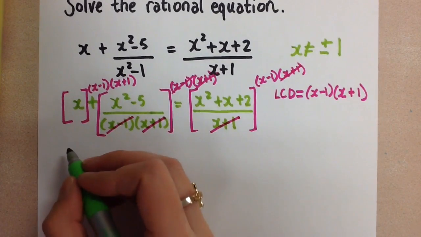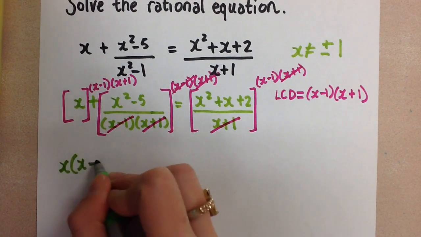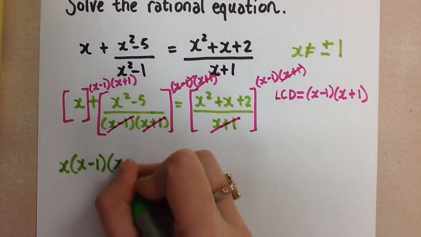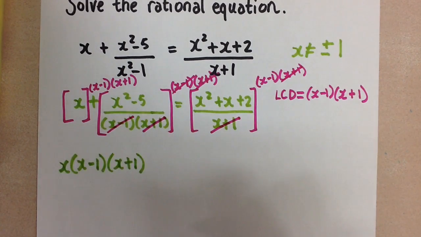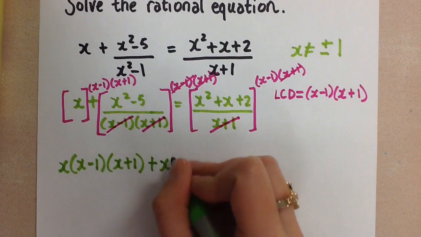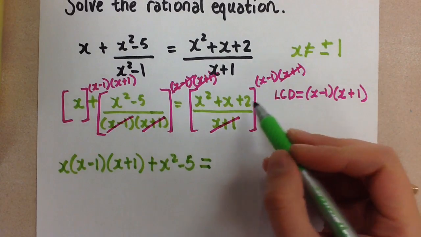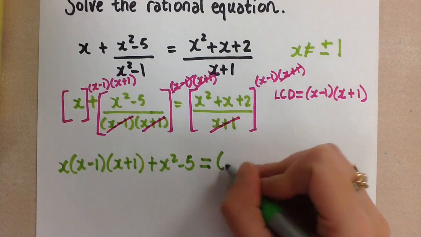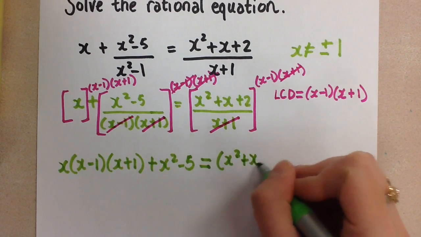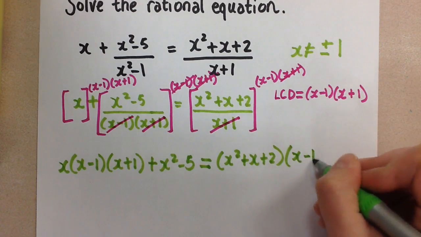So this will be x times (x minus 1)(x plus 1). And then in the second term we were left with only that numerator, so that's x squared minus 5, equals, on the other side we had this numerator, (x squared plus x plus 2) times (x minus 1).